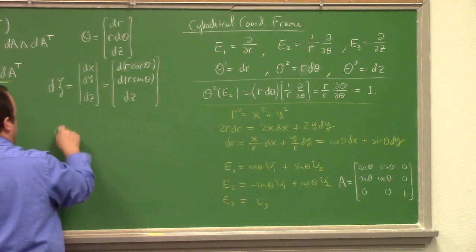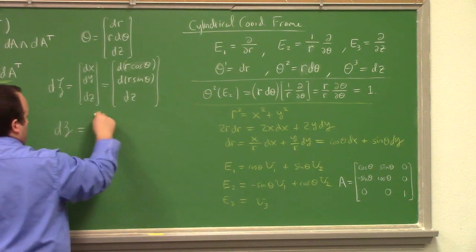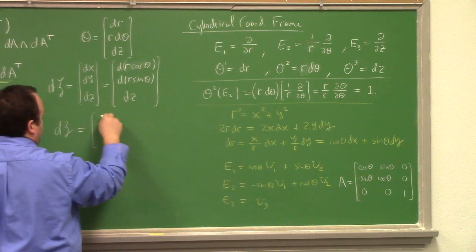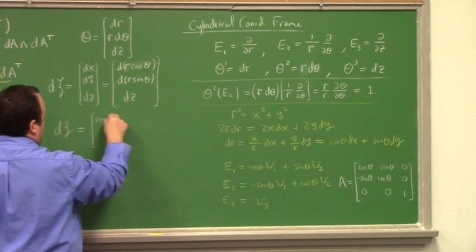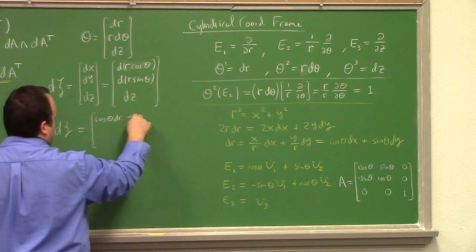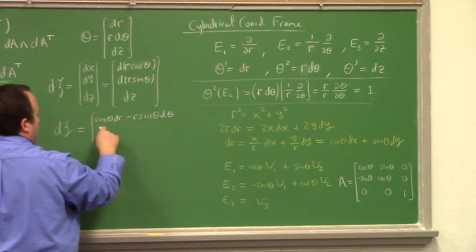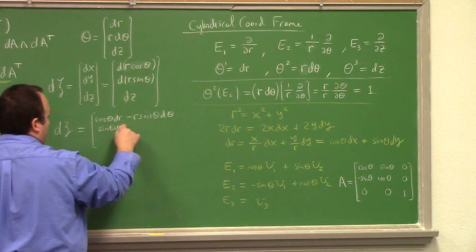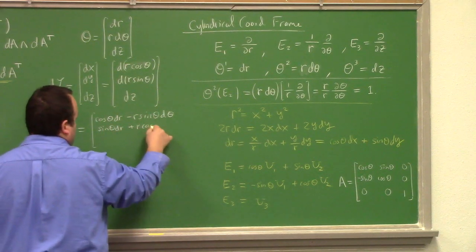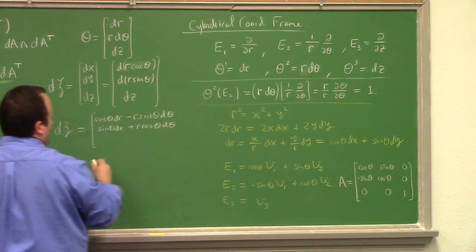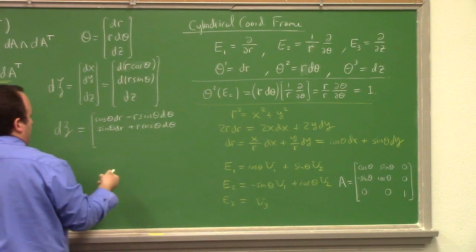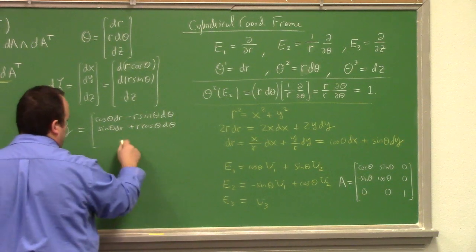And so d zeta is in fact cosine theta dr minus r sine theta d theta, and we have sine theta dr plus r cosine theta d theta. And, well, dz is dz, so whatever.